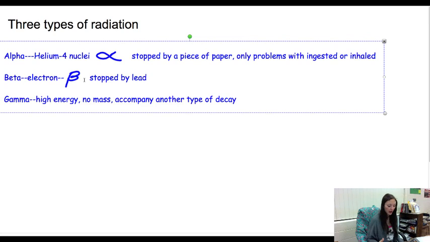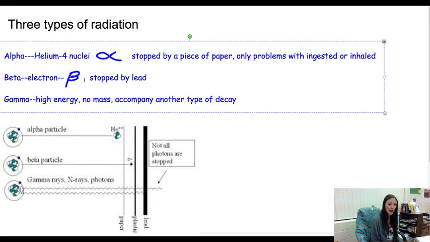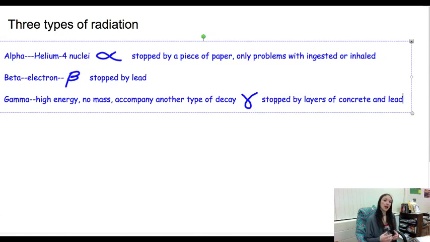They move very, very fast, and you have to try and stop these particles with layers of concrete and lead. And the gamma symbol looks kind of like a Y. So these are the three types of radiation that we're mainly going to look at, the particles that get emitted when one nucleus decays into another nucleus.